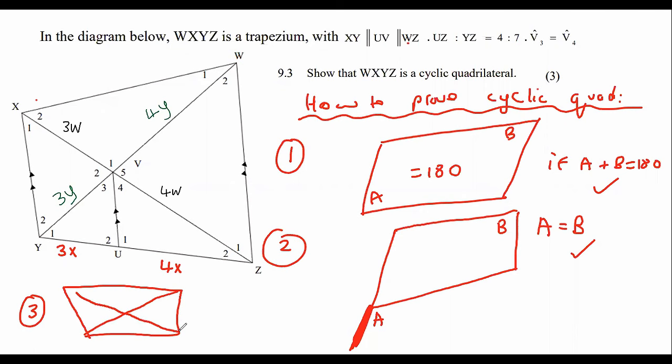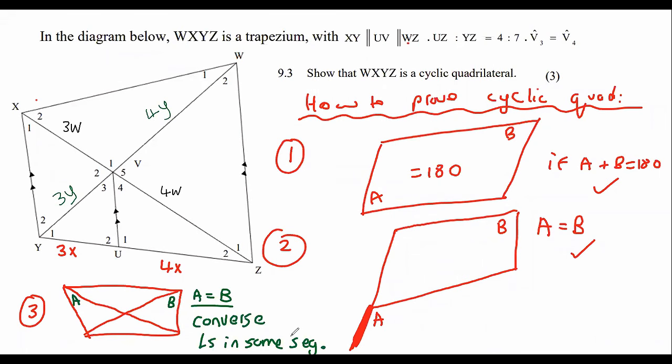So whenever they have a cyclic quadrilateral like that, and then they've got these diagonal lines going through, the way that you would prove that something is a cyclic quad when you have it like this, for example, is you would prove that angle A is equal to angle B. So angle A is equal to angle B. Then we call this the converse of angles in the same segment. That's the most popular one that I've seen them ask.